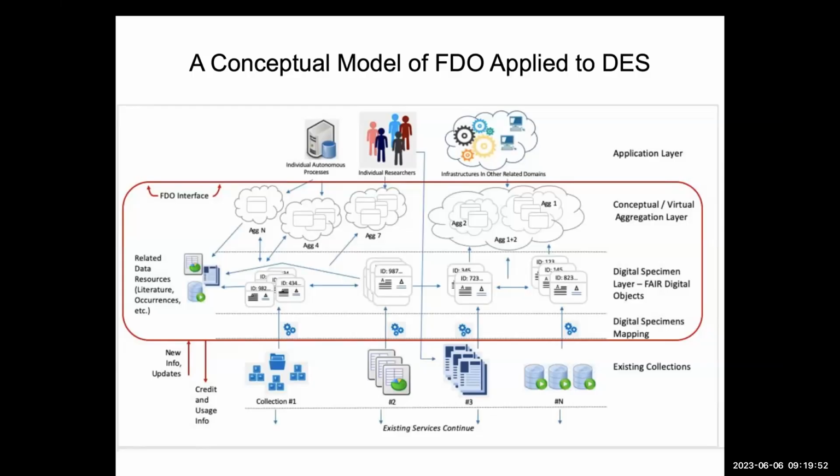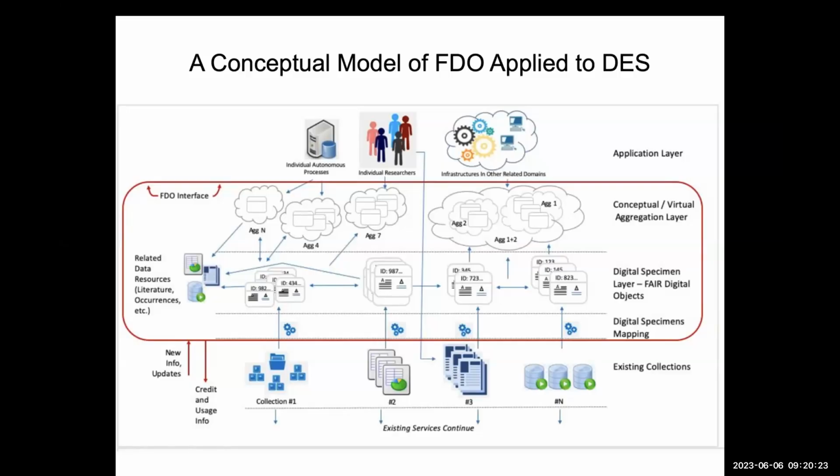So you have collections. And then the bottom layer in the rounded rectangle, which shows the gears, that's the important part, digital specimens mapping. You take the existing data and, system by system, you transform it, you normalize it in computing terms. You turn it into something that is recognizable across multiple systems.